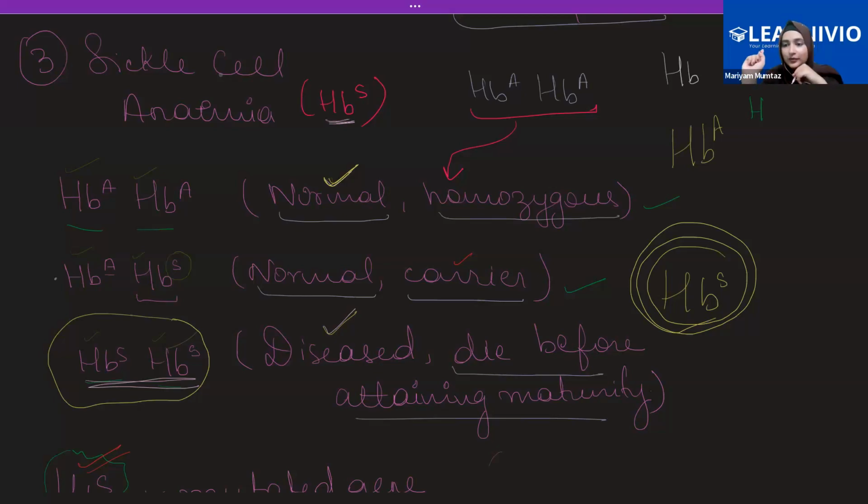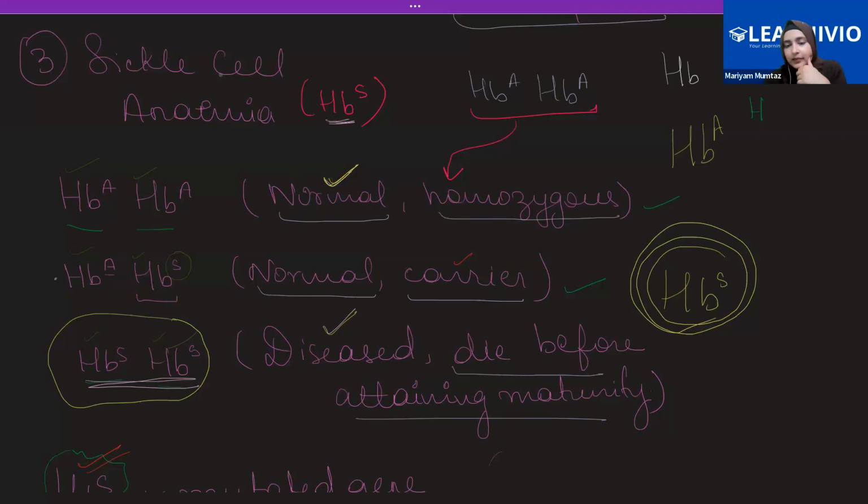The main thing is hemoglobin, which carries oxygen or carbon dioxide. So what happens is that a person with sickle cell anemia gets this mutated gene HBS. A normal person has the HBA gene. A carrier would have HBA, HBS. We don't know whether these are females or males. It could be anything because it's not X-linked.